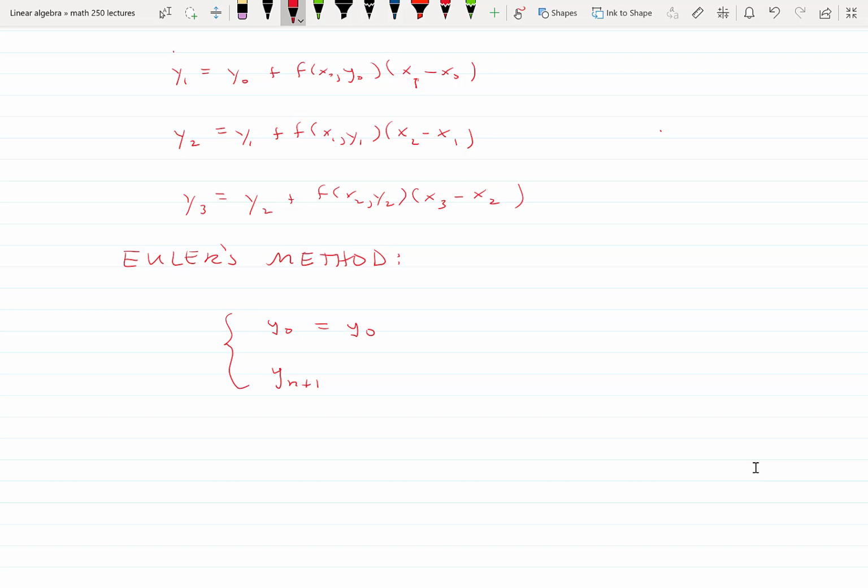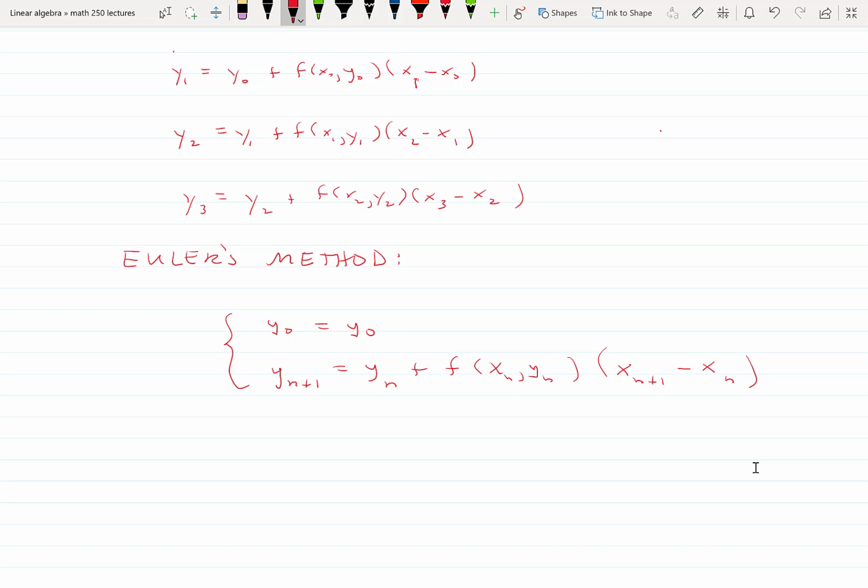The n plus first y value, y sub n plus 1, should equal the previous y value, y sub n, plus the slope given by the derivative at x sub n, y sub n, times x sub n plus 1 minus x sub n. That is Euler's method.